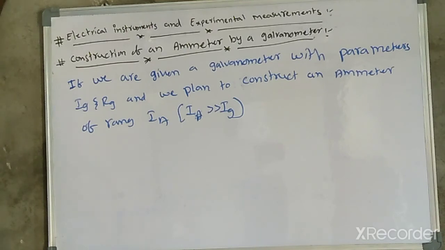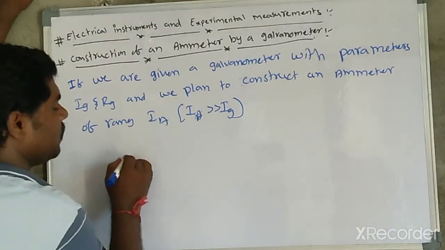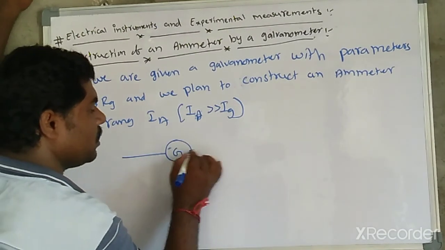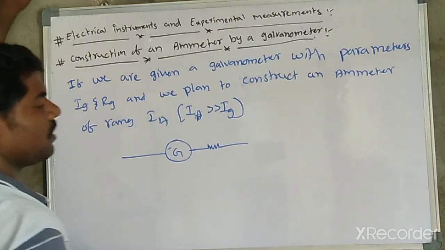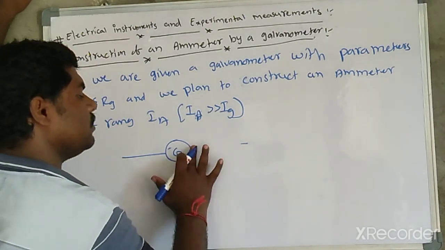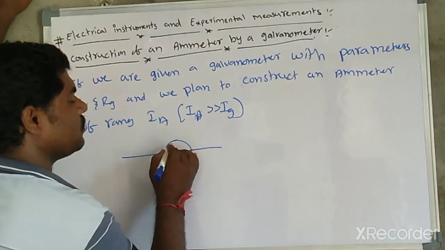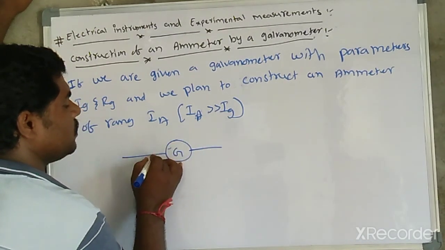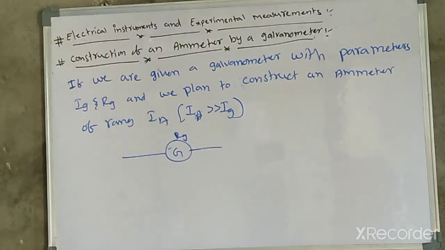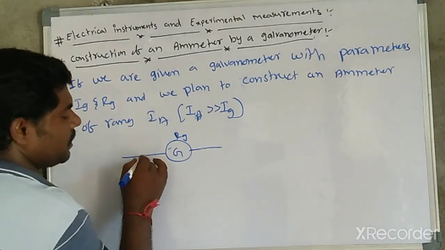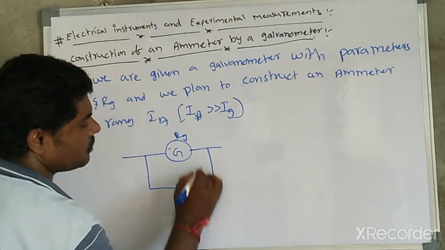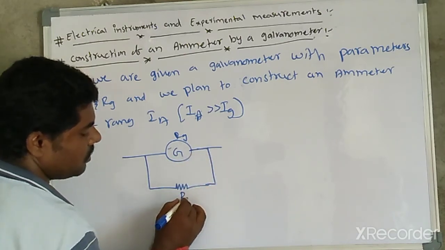Here is how to construct it. The galvanometer G has internal resistance Rg, and this combination I am going to write in short. Here the current is Ig through the internal resistance Rg, and parallel to this we connect the shunt resistance Rs.